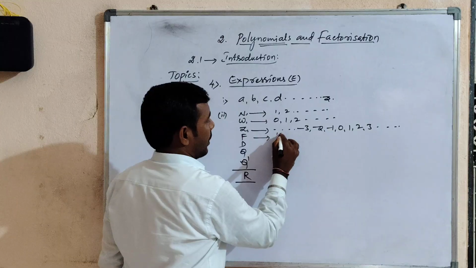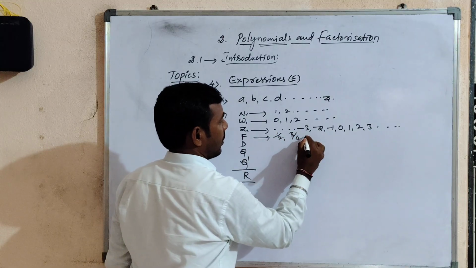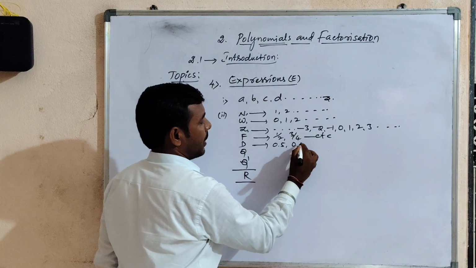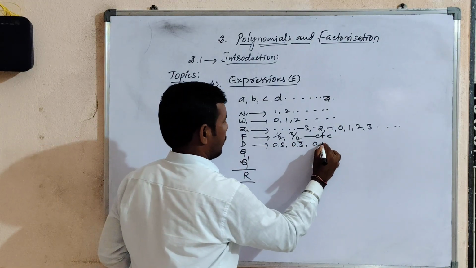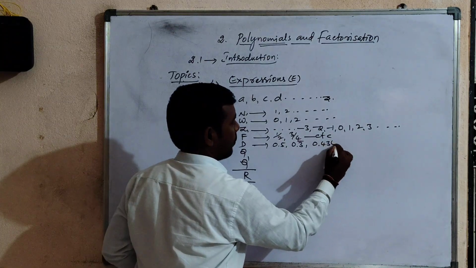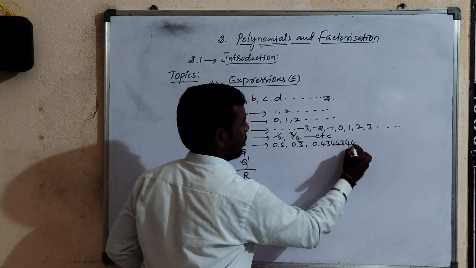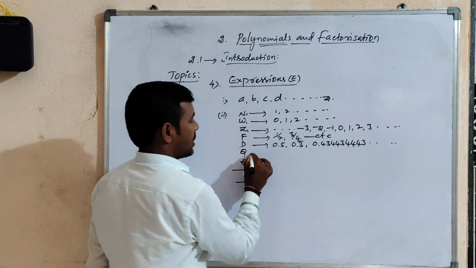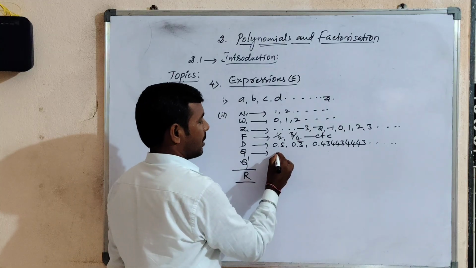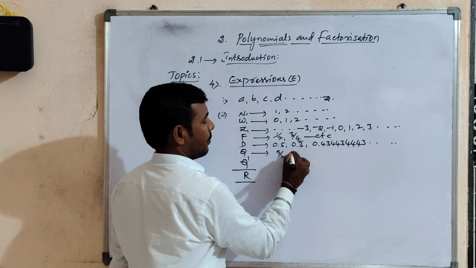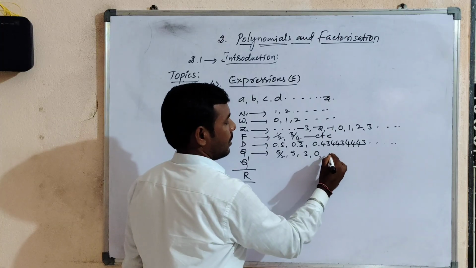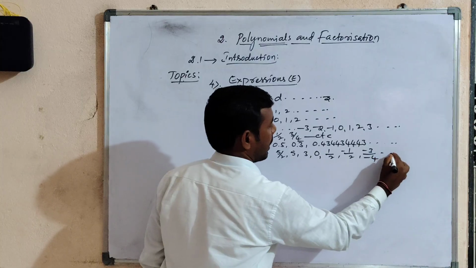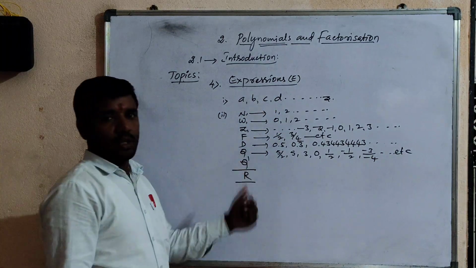Fraction side 1 by 2, 3 by 4, etc. Decimal side 0.5, 0.3 bar, 0.443443444, and so on. These are decimals. Rational number side, which can be written like 5 by 2, 1 by 2, minus 1 by 2, minus 3 by minus 4, etc. These are rational numbers.